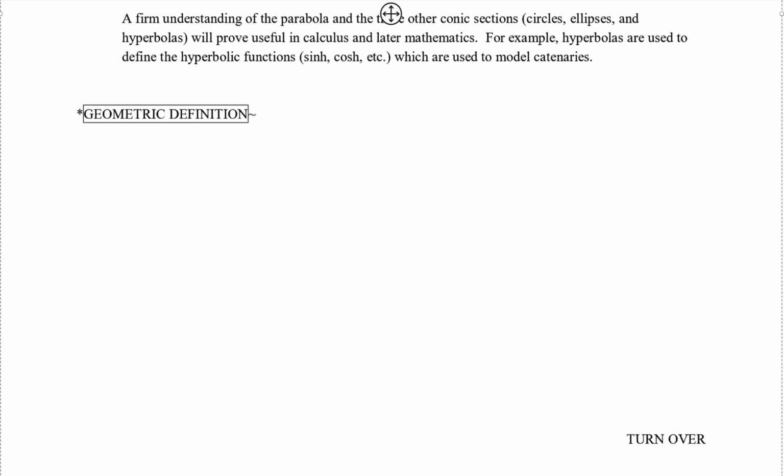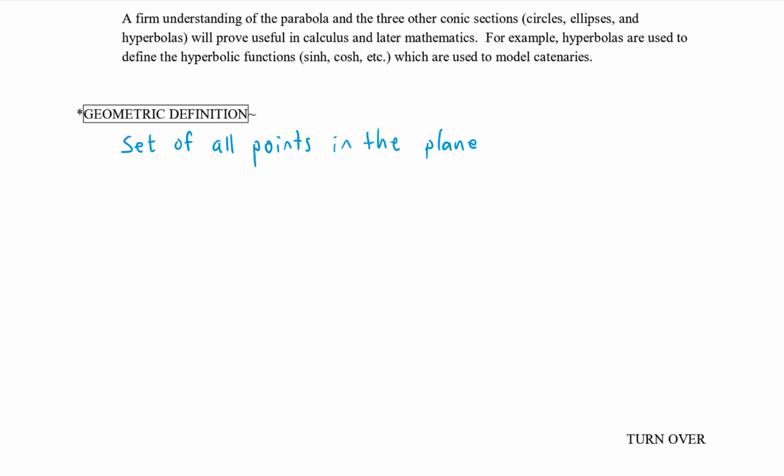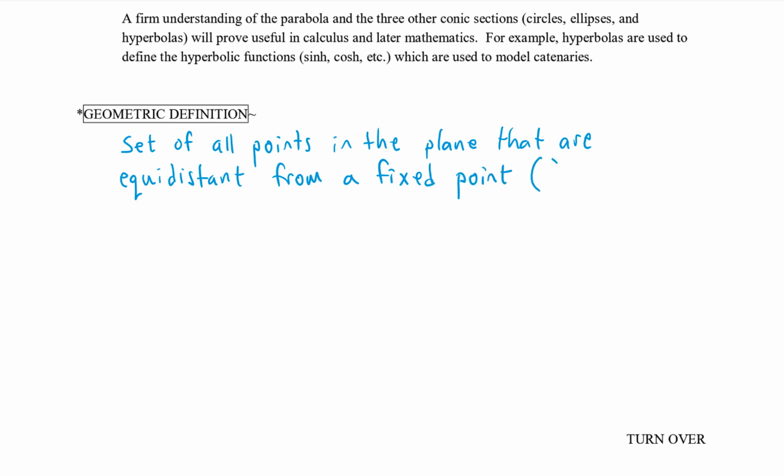So geometrically, a parabola is just the set of all points in the plane that are equidistant from a fixed point, which we call the focus, no surprise there, and a fixed line, which we're going to call the directrix.